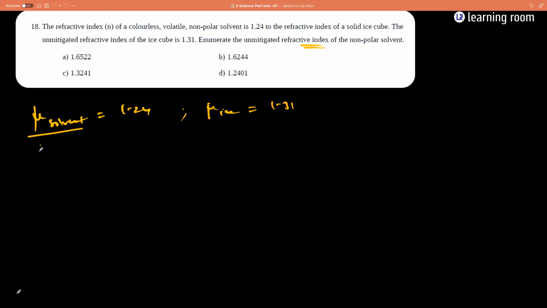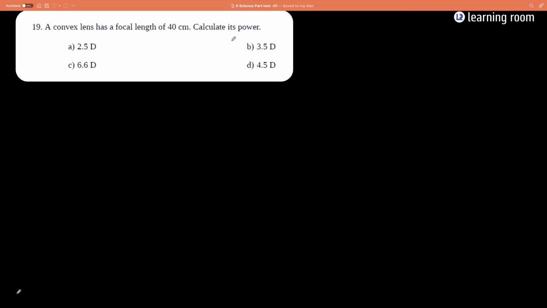So the refractive index of solvent with respect to ice is 1.24. Is that right? So what is the answer? 1.6244. Okay, that's right. So 1.6244.